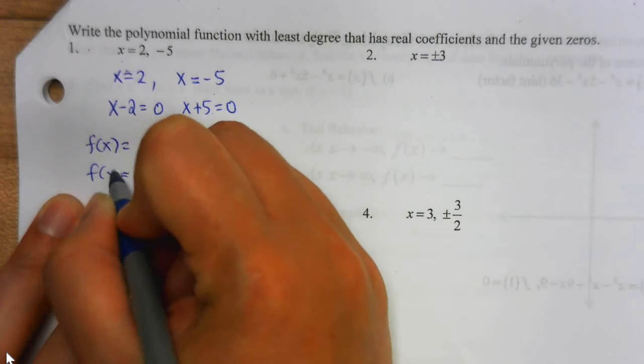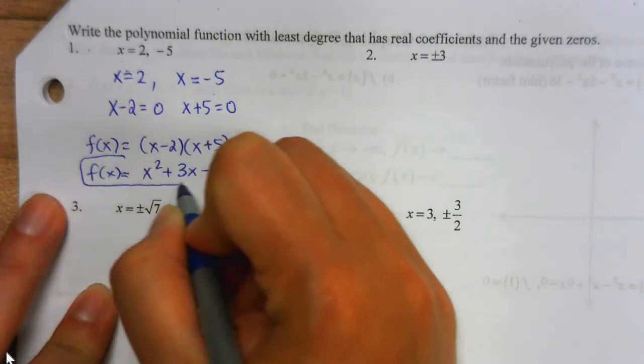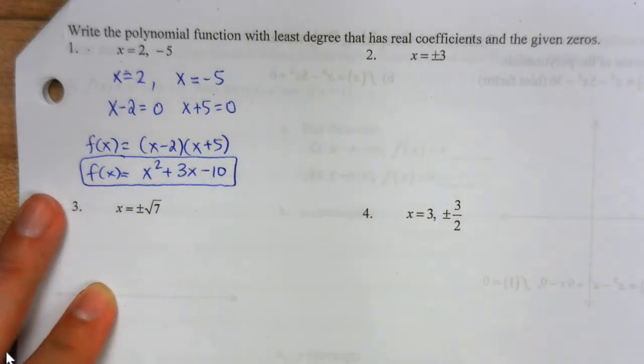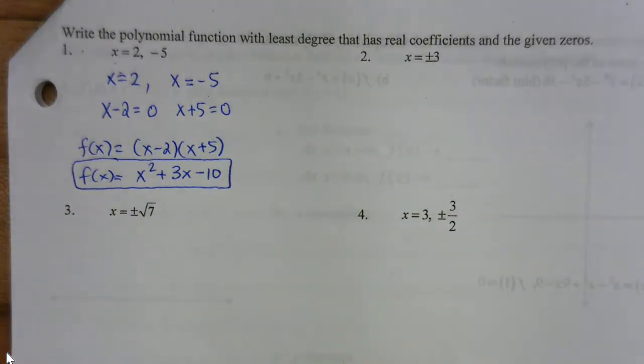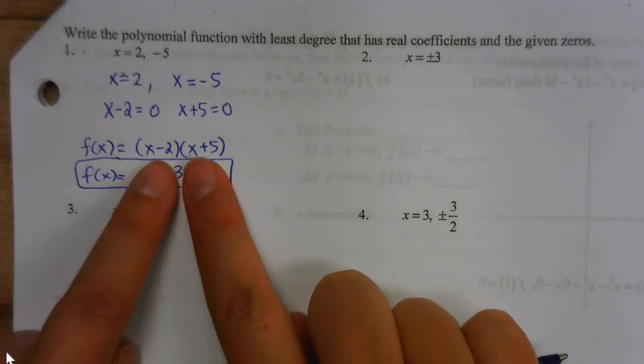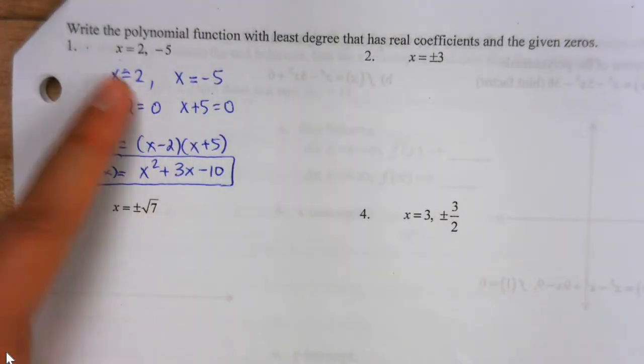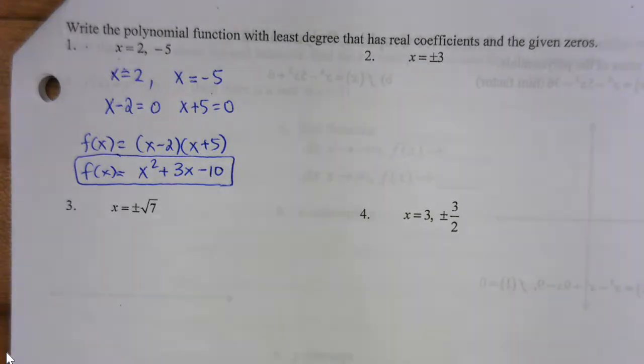So my actual polynomial is f of x is equal to x squared plus 3x minus 10. We're used to starting here, factoring it, setting each piece equal to 0, and then solving for x. We're just doing the steps backwards because we're trying to find out what that polynomial is.